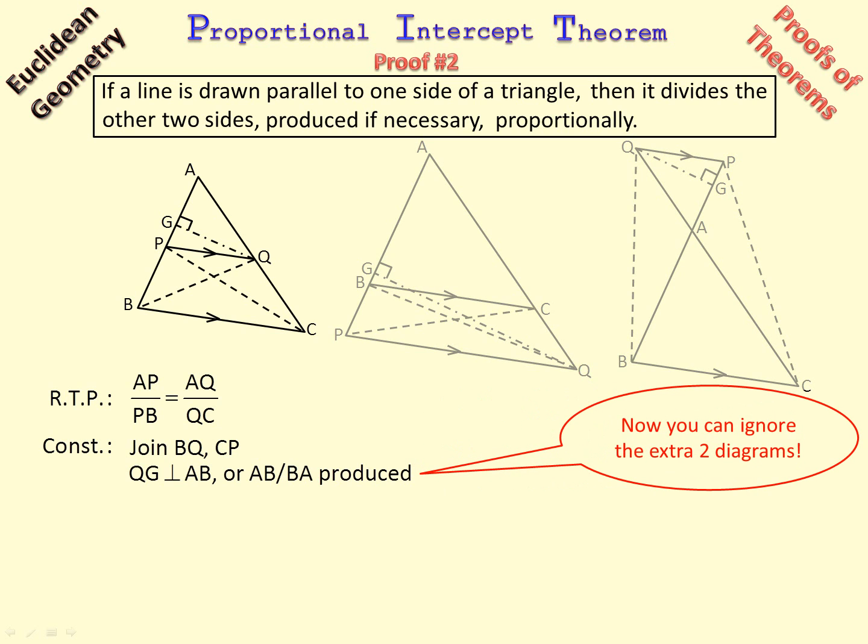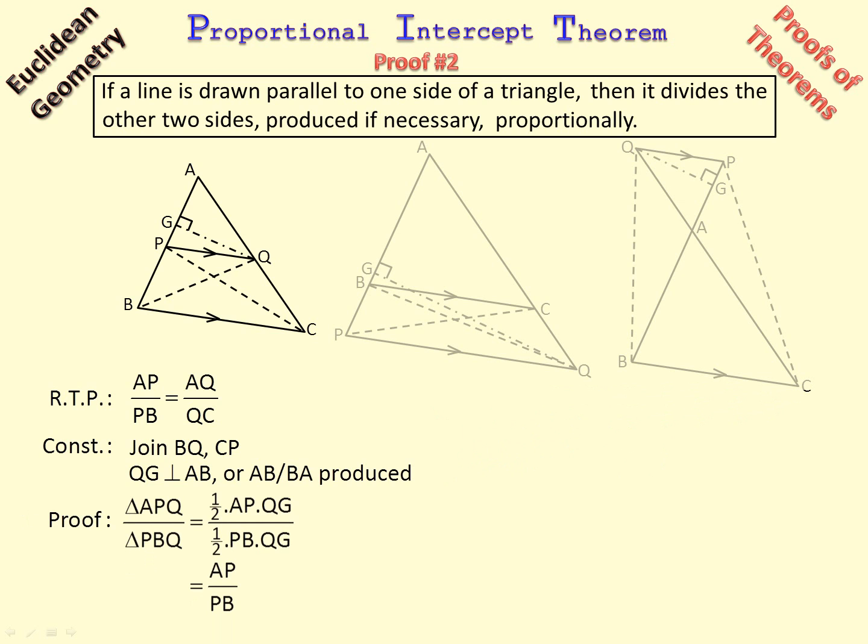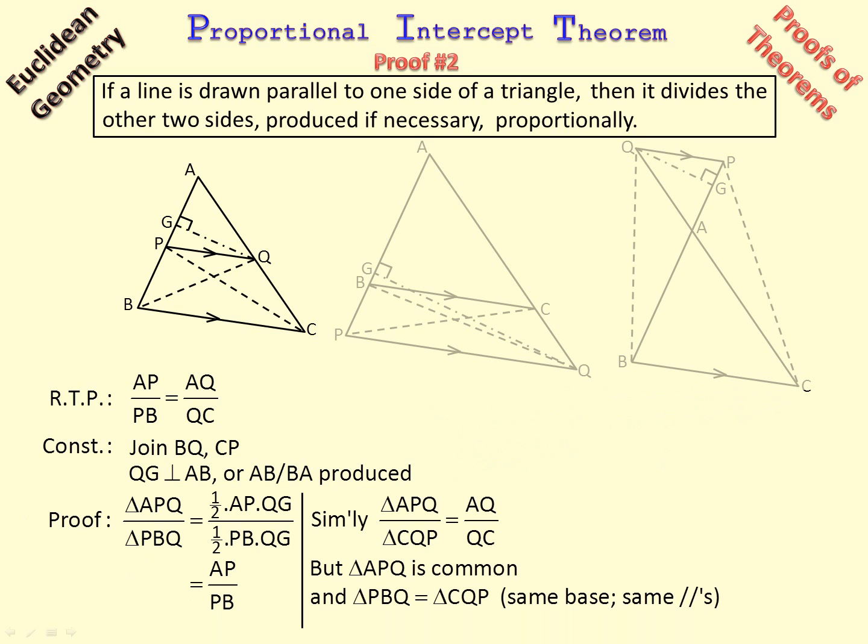Now, we can ignore the extra two diagrams and just do our usual proof looking at this diagram. Now, if you want to, try pausing and following it through on these two diagrams, and you'll see that it is exactly the same thing. And that's your proof done.